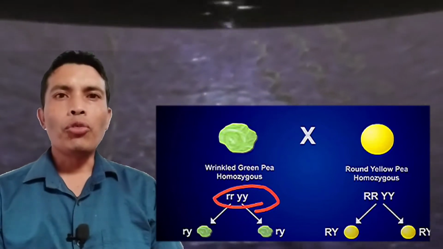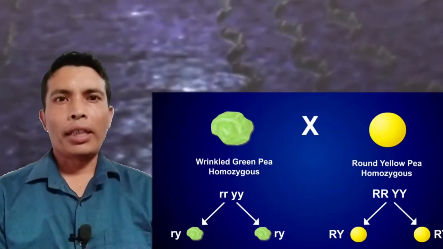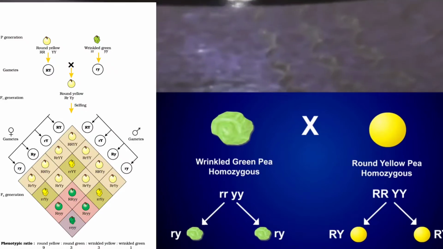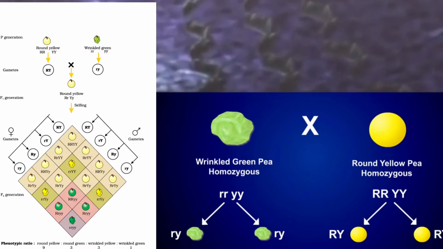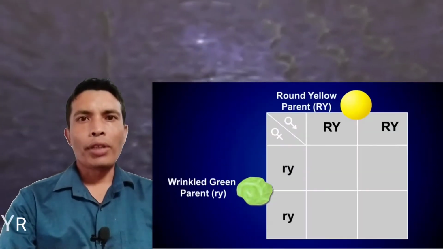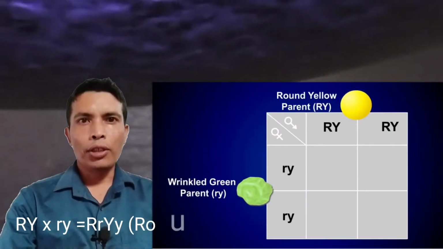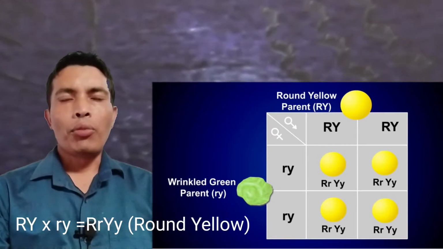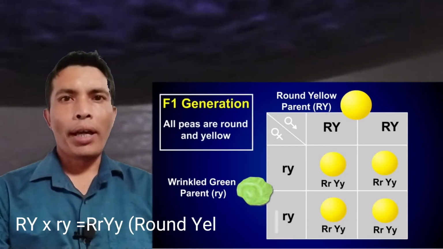The cross between the two plants can be written down as this figure showing the genotypes of the parent plants. The gametes capital R, capital Y and small r, small y unite on fertilization to produce the F1 hybrid capital R, small r, capital Y, small y.